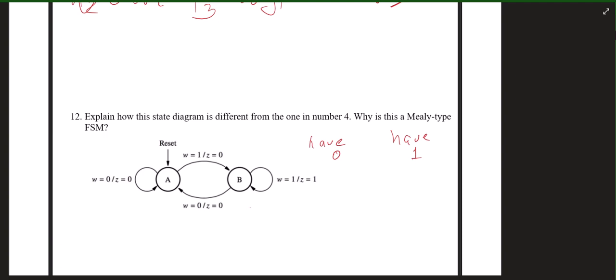So this machine only has 2 states. A Mealy finite state machine will have fewer states than a Moore machine. So we don't actually have a state here that represents having 1, 1. We have a state that represents 0 and a state that represents 1. And then if you get a 1 on that 1 state, then your output is 1, and you still have a 1.